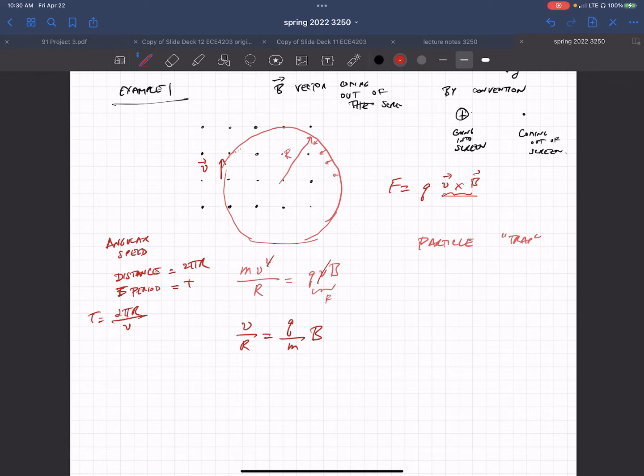So v over r is 2 pi over the period T, or 2 pi times the frequency, because frequency is 1 over the period. This is called w, the angular speed.